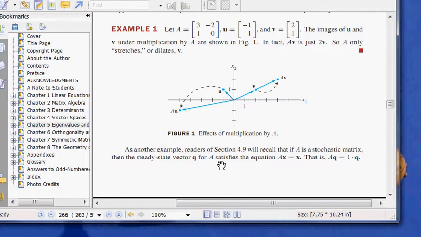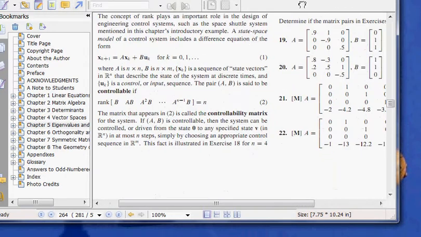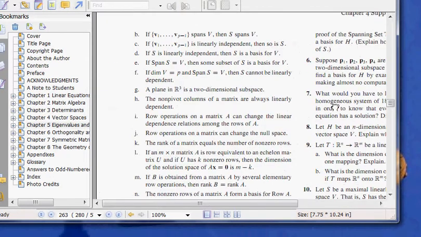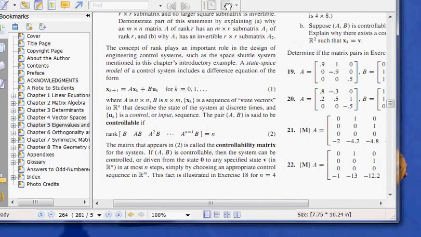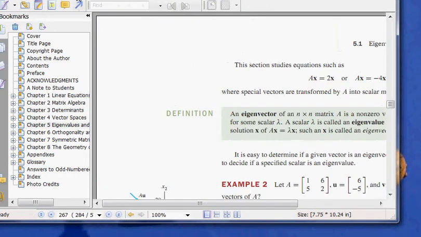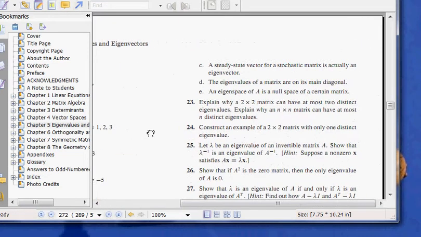That is, Aq equals 1 times q. So what we just read was A times q equals 1 times q. Okay, so C is true.